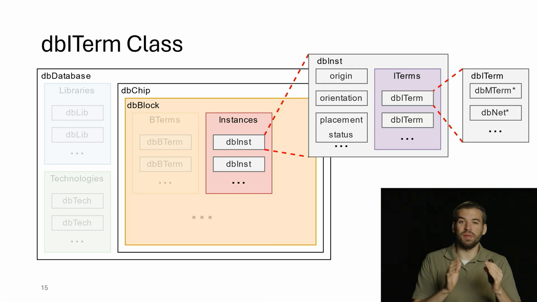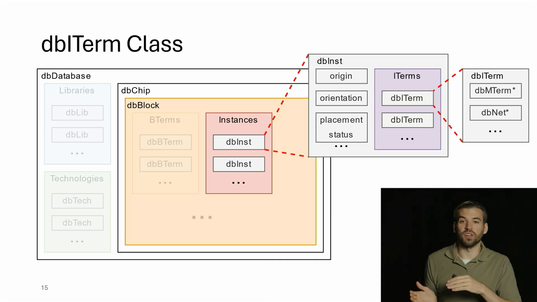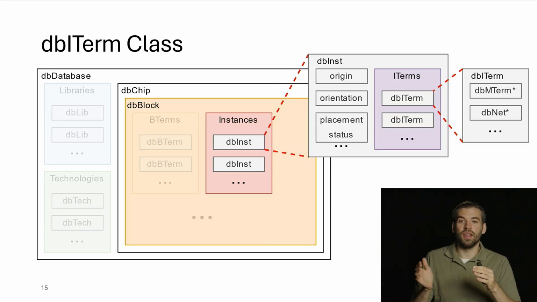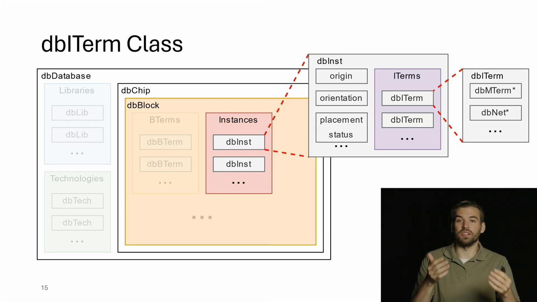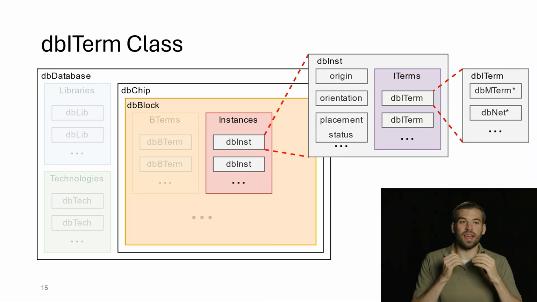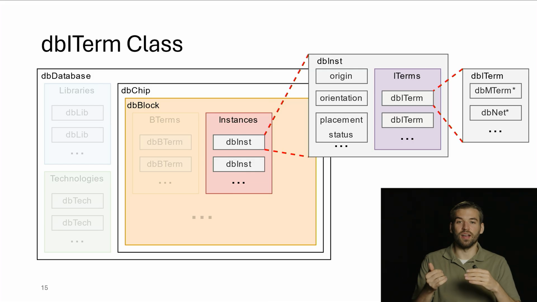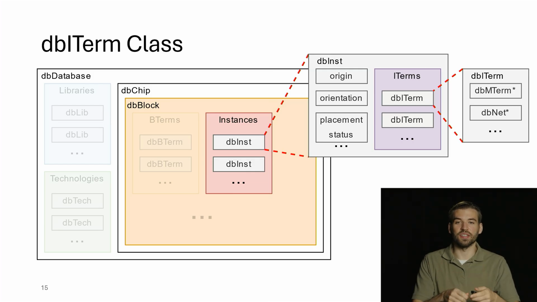So here in this DB I term, we normally just have a pointer back to the master, what is the information stored there, and then we only need to store what's different between each instance in this DB I term. The main difference between the master and the I term is that this is going to be connected directly to a net. So every instance of a master will be connected to a different set of nets. And so this DB net pointer is going to distinguish exactly which net it's connected to.